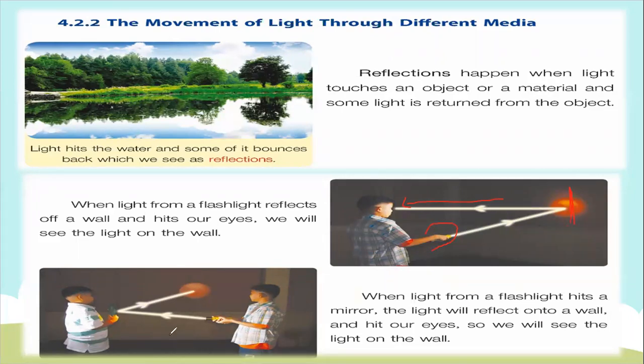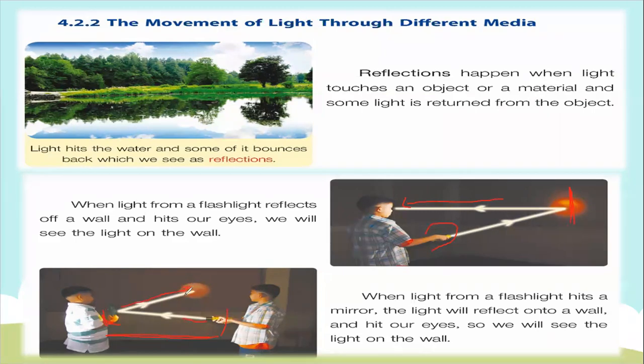In the third photo, you can see a boy holding a flashlight and another boy holding a mirror. What happens here is the light comes out of the flashlight and hits the mirror, so it reflects back towards the wall.